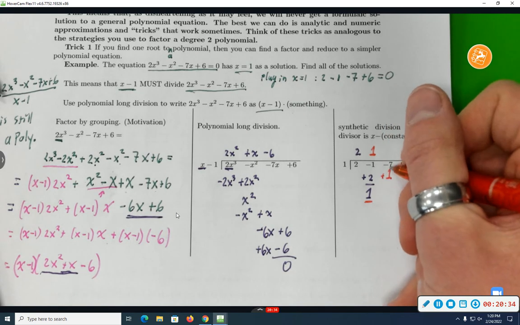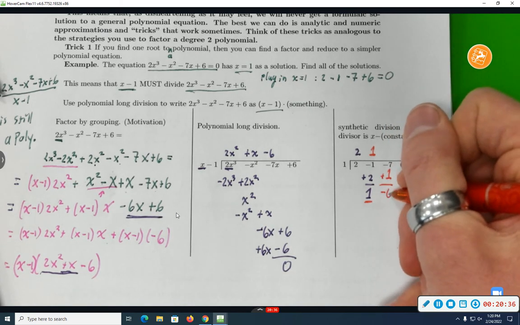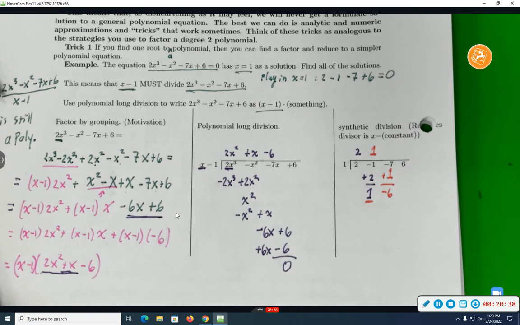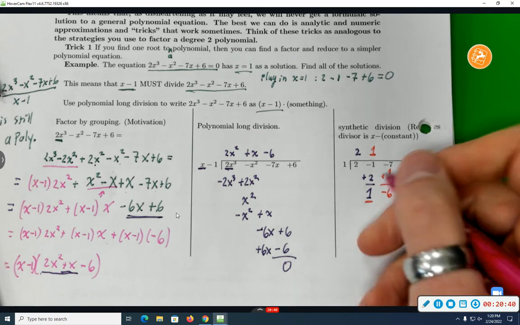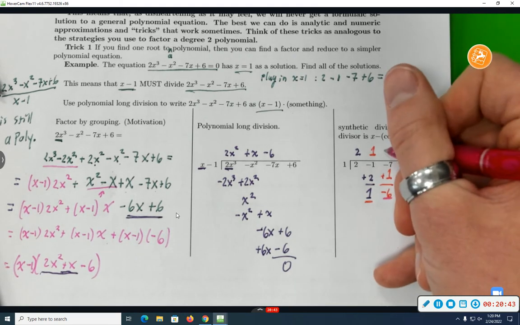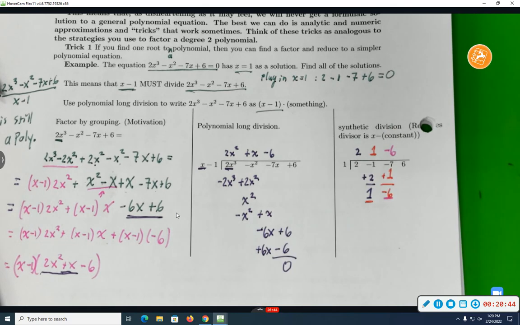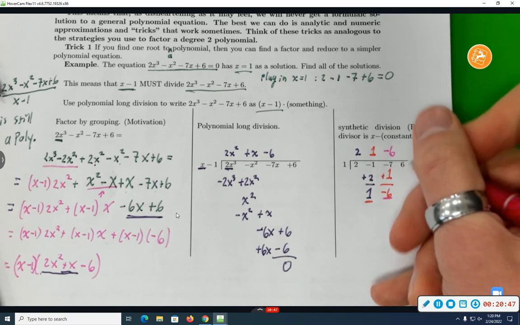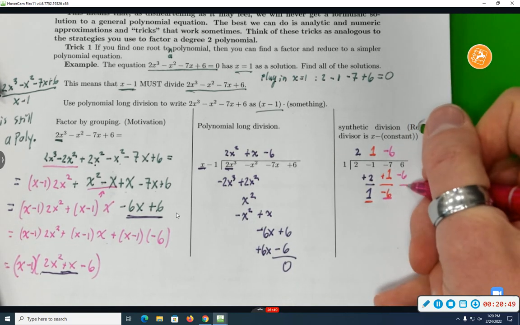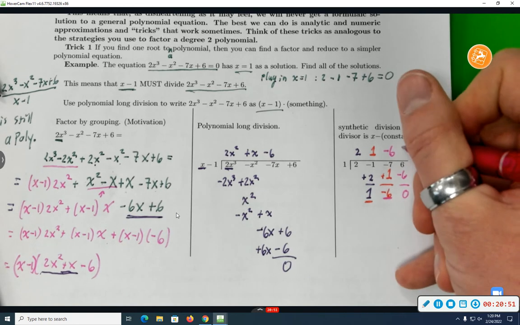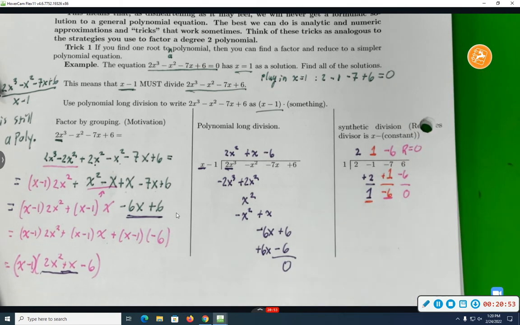Plus. -7 plus 1 is -6. So I'll take that -6. I'll draw it here. -6 times 1 is -6. 6 minus 6 is 0. So maybe I'll put that remainder equals 0 just to make sure that I write that there's a remainder of 0.